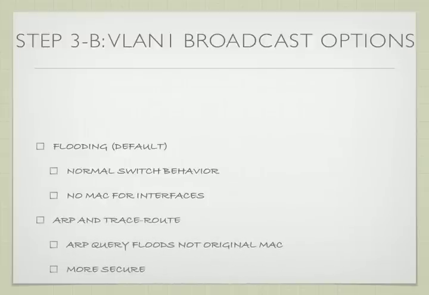The second mode we can use is this ARP and trace route. This is slightly more secure, so it can be used in those situations where you don't want to have standard switch behavior. What it will do is, when the first packet arrives to the switch that we don't have an ARP entry for, instead of flooding the packet, we'll do an ARP request and an ARP trace route with a hop of 1, so that it can only give us back immediately adjacent devices at layer 2.